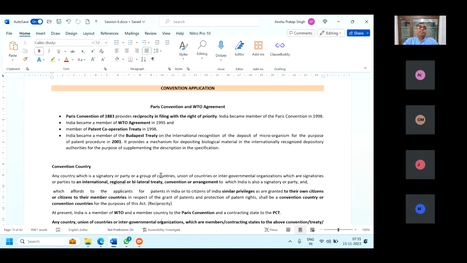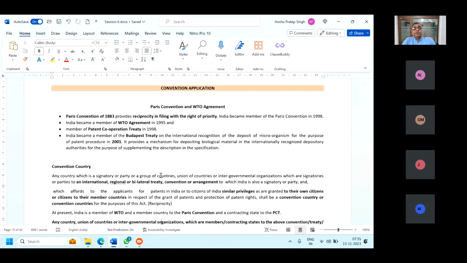And it talks about reciprocity in filing with right of priority. Reciprocity means that if my national is not getting discriminated against by your country, I will not discriminate against your national. This is the reciprocity.